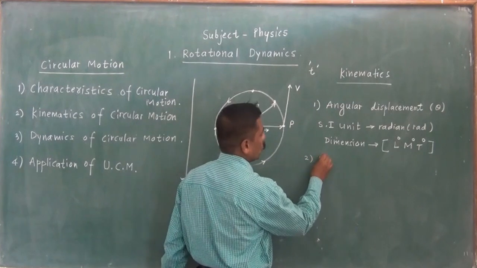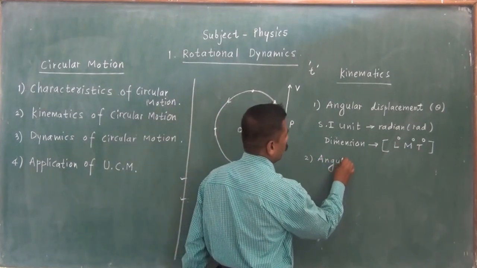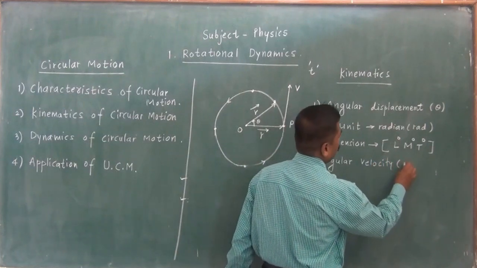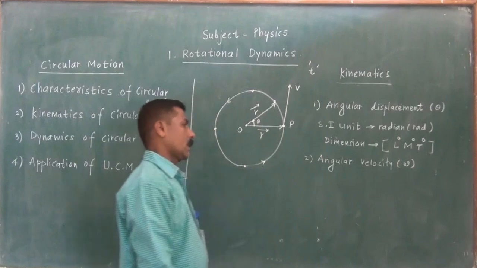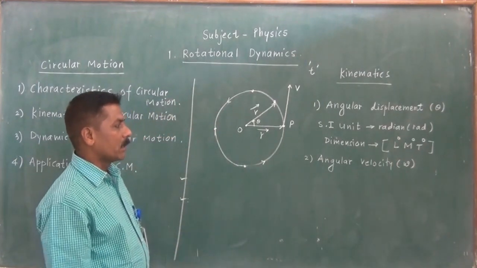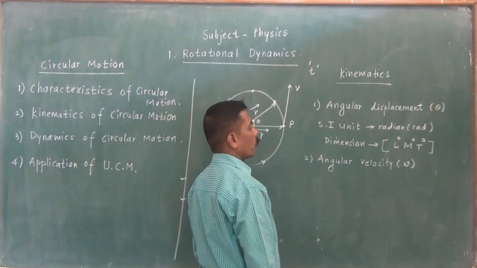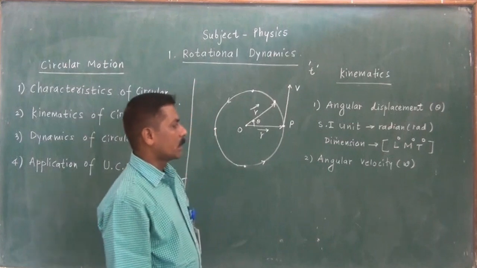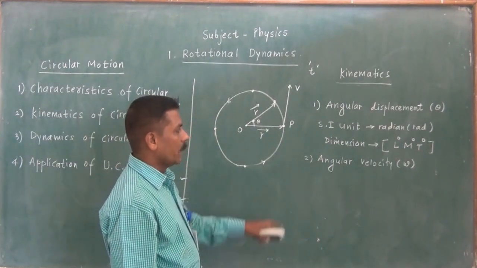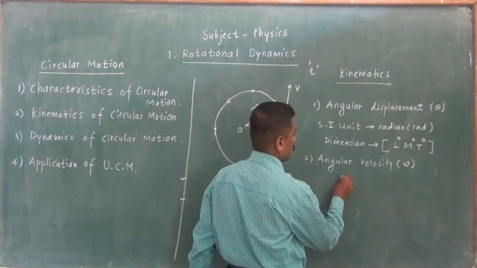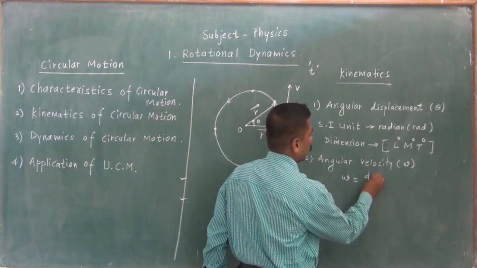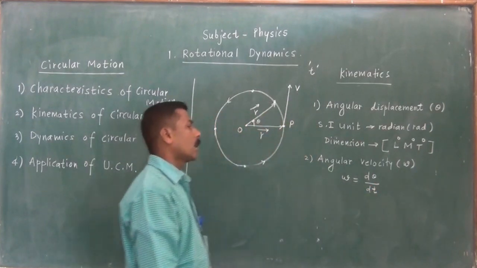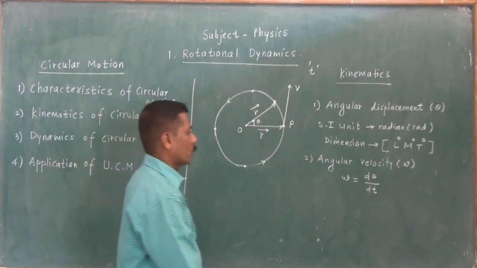The second is the angular velocity. Angular velocity is denoted with omega. How can we find this angular velocity? We know the simple formula. Angular velocity depends on angular displacement: it is the rate of change of angular displacement. This is the basic formula from which you get the definition.